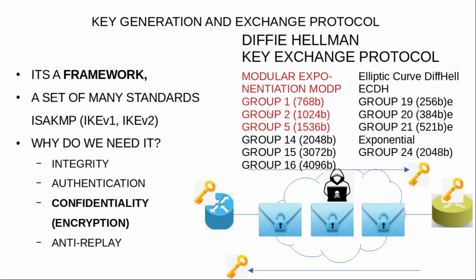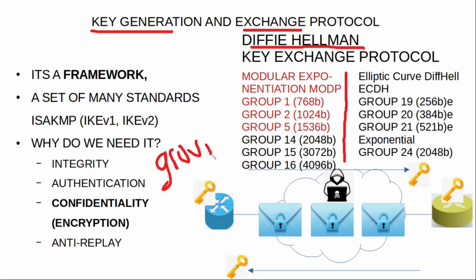And in order to do so, we use Diffie-Hellman. Diffie-Hellman is an algorithm that creates keys, and it is a protocol that exchanges keys. We have two sets of Diffie-Hellman algorithms. Diffie-Hellman algorithms are identified by a group number.